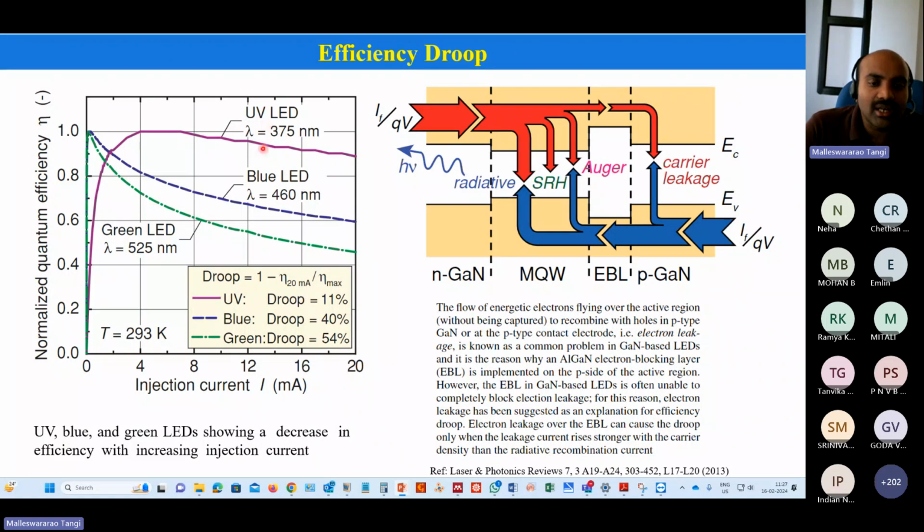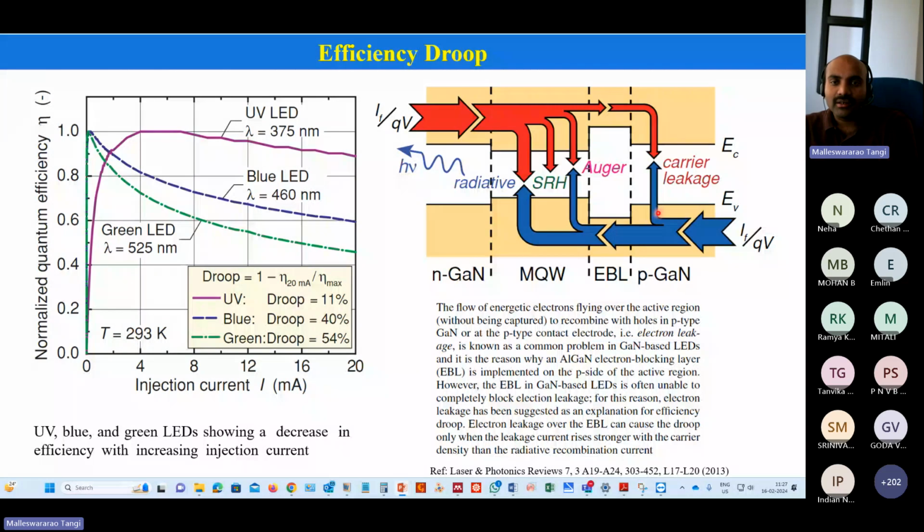For UV LED it is 11%, blue LED 40%, and for green LED it is 54%. And UV LED has relatively high turn-on voltage compared to blue and green LED, because UV LED uses aluminum gallium nitride, which is a high band gap material, and its resistivity is relatively higher than blue and green material. And finding ohmic contact for such material is also another issue.